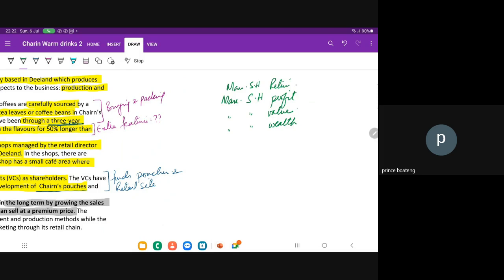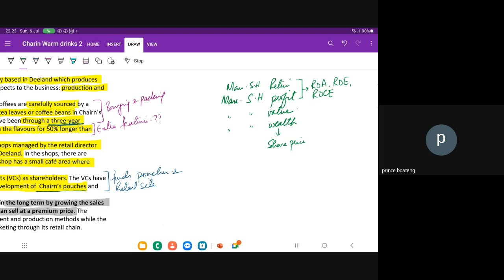So if the question says the company wants to maximize return or profit, generally we go for something which shows the profitability, like return on assets, return on equity, return on capital employed. If the question says that the company wants to maximize shareholder wealth, generally we go for the share price, because share price is how shareholders' wealth can be improved, right?